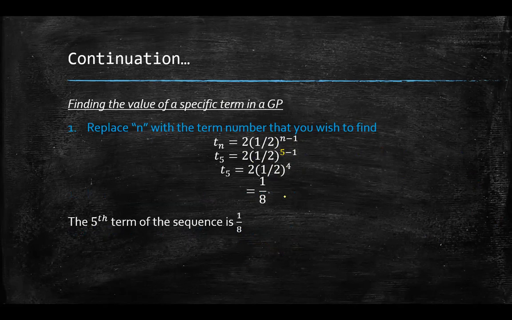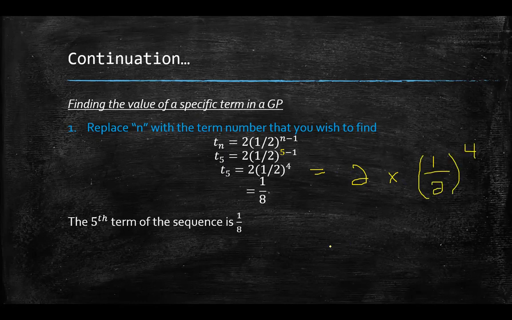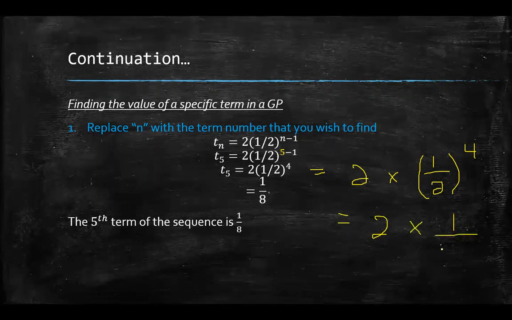Do you understand that? Yes, miss. Can you repeat? Half times... 2 by a half raised to the power of 4 is equal to 2 by 1 on 16, because it's only the half that's raised to the power of 4, right?